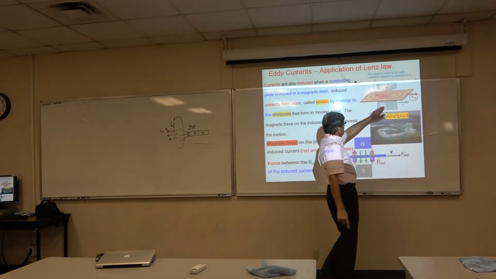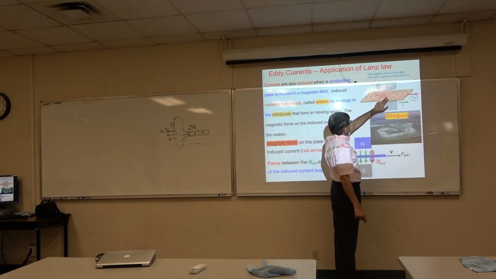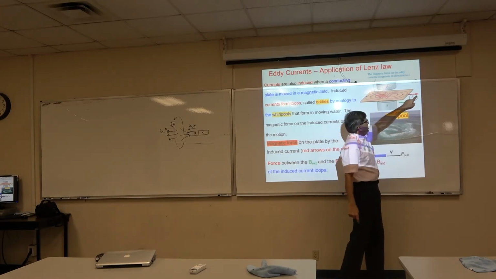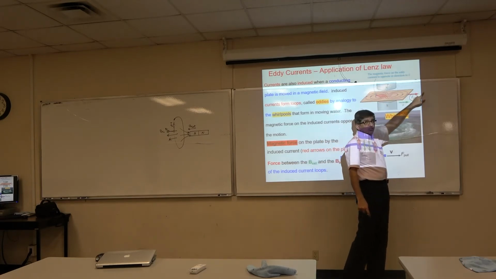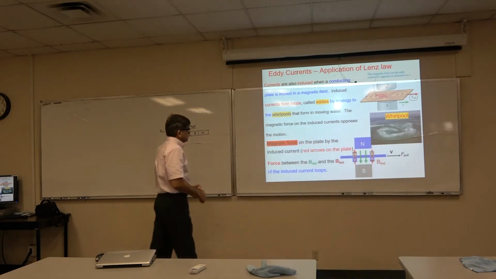So on each whirlpool, on each loop, there will be a force, and the size of the forces combined together will be equal to my pull force. So this is the cause, and the effect is that. So the effect will oppose the cause. That is what Lenz's law tells us.